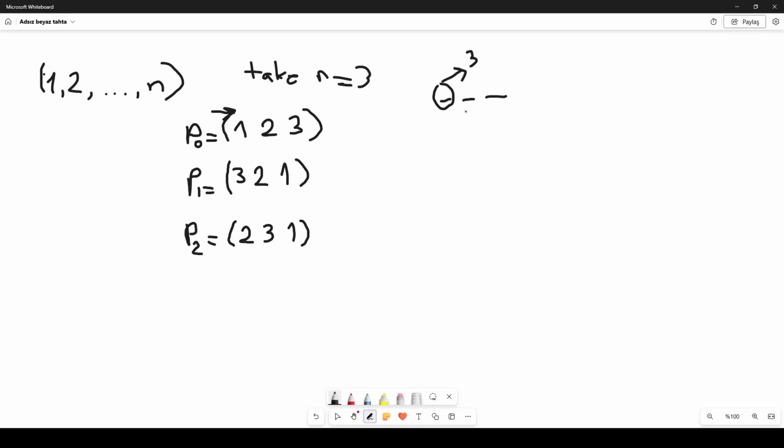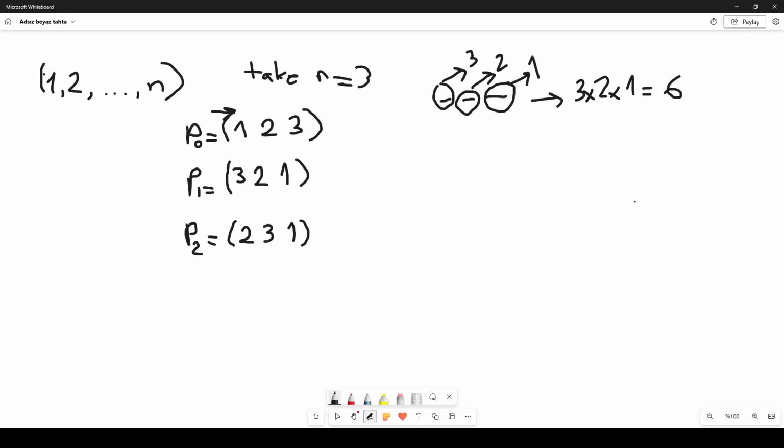Since I will be using one of these elements, in the second position I have 2 different options. And for the last position, since I have already used 2 of them, I only have one number left. So how many different ways? 3 times 2 times 1. In total, I have 6 different permutations when n is equal to 3.